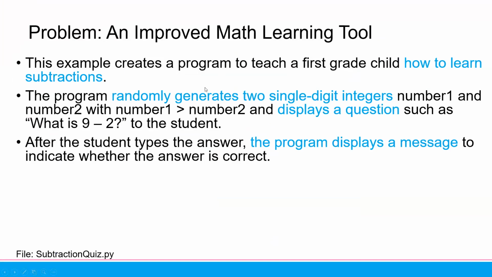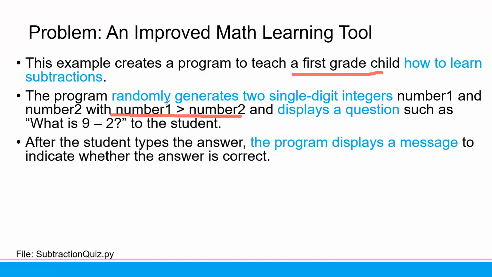Now we want to do subtraction. It means the program will randomly generate two single-digit integers, number 1 and number 2, and number 1 should be greater than number 2. Maybe because the first grade child still does not know about negatives. They still do not know about the minus.